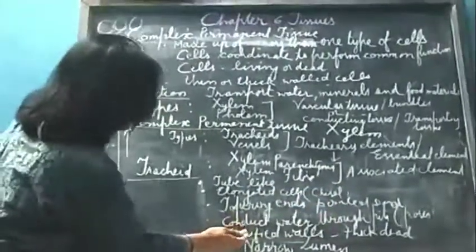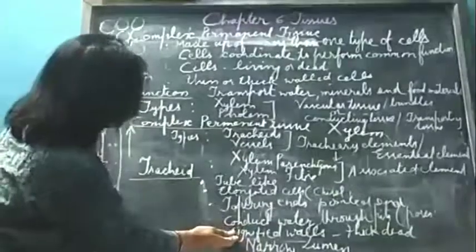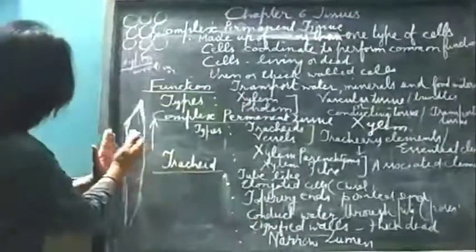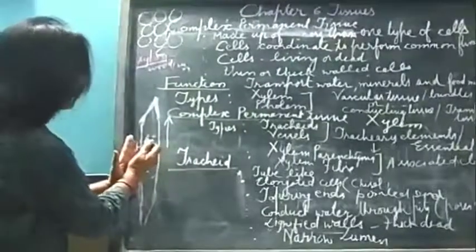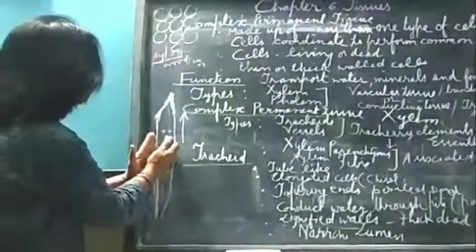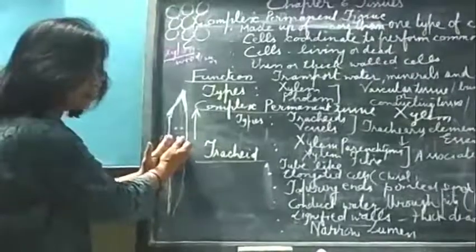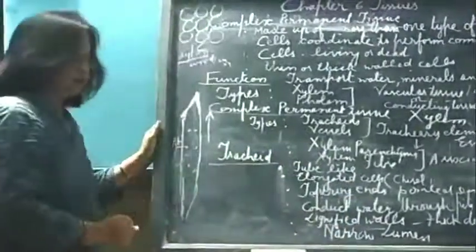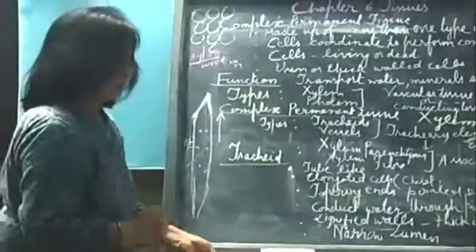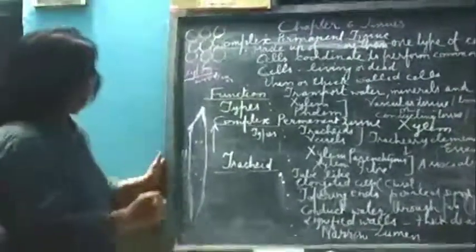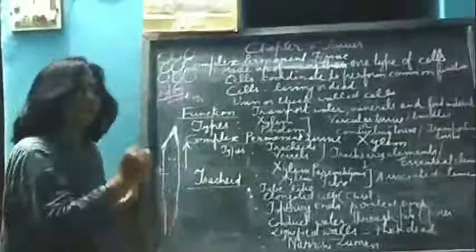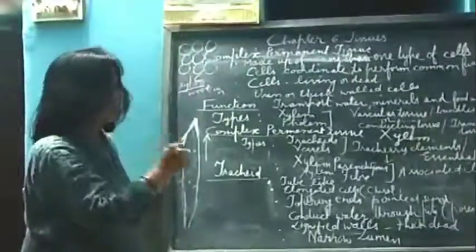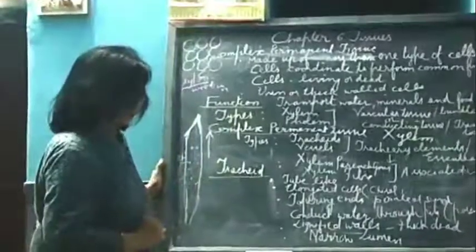So what will happen here in the tracheid? Lignin deposition will be more, so the lumen will become narrow. The space will be less. So if I join all the points, tracheids are elongated, tapering, lignified, thick walled and dead cells with a narrow lumen.